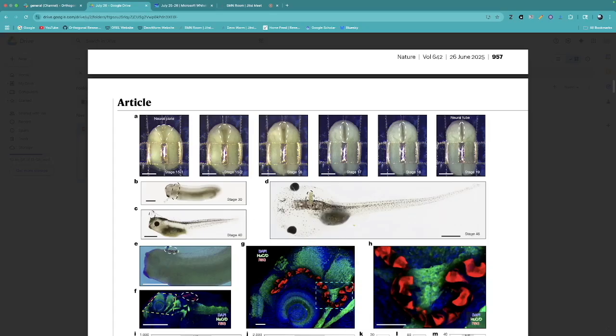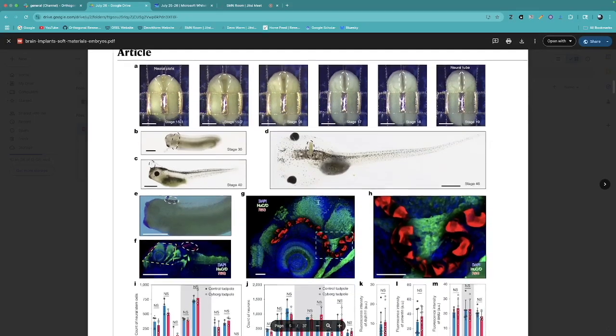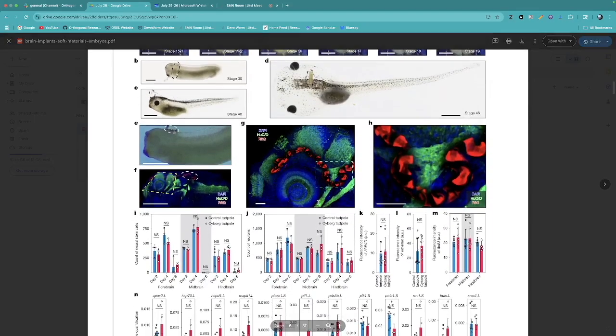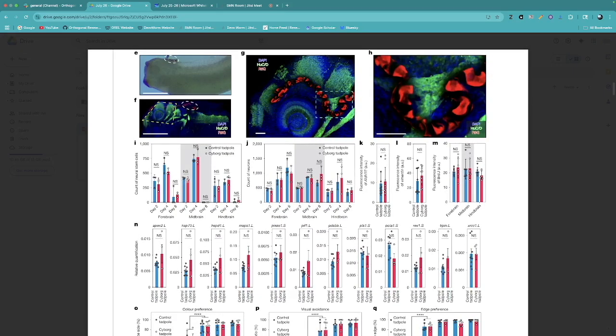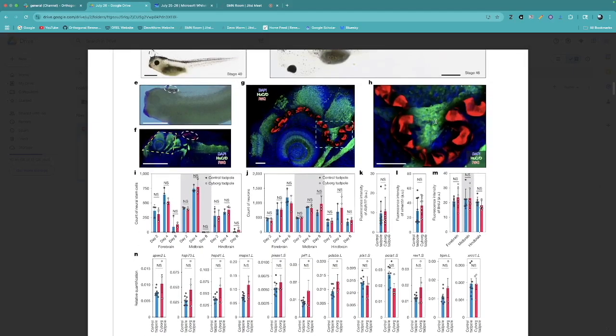You can see here the implant at different stages of embryonic development. And you can do staining where you can see the cells that it's contacting. So you're using this red stain, DAPI, and this green channel to look at the different cells that it's contacting.